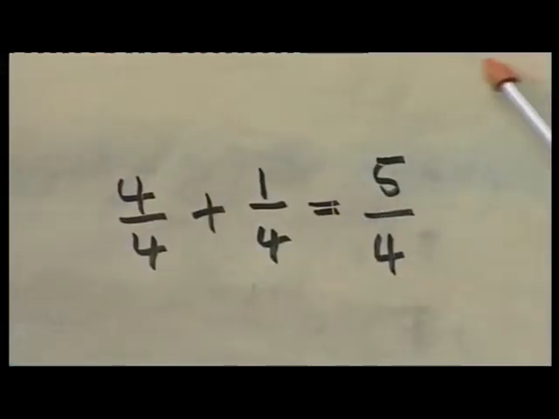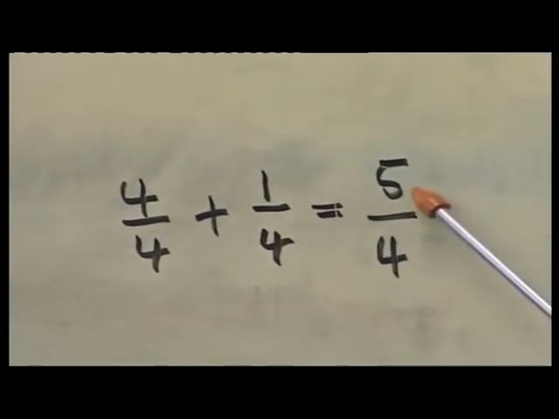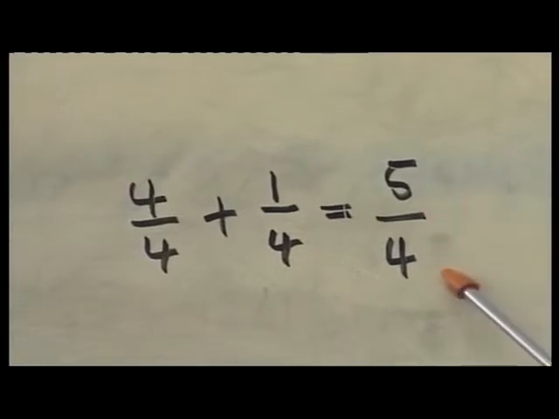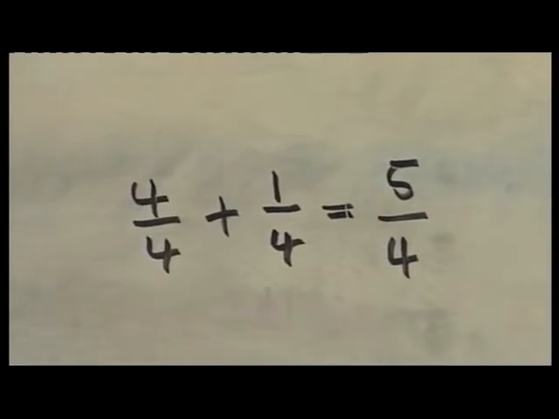The numerator is 5 and the denominator is 4. What is the difference? Or, let's hear from Or. Because numerator is bigger than denominator.